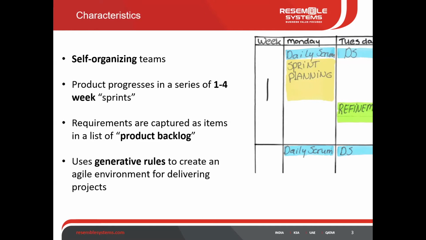So the fourth point is, so I use generative rules. So based on how my execution happens for 2 to 3 weeks, I will be able to set a velocity for my team. Okay, what can be delivered within this time frame.